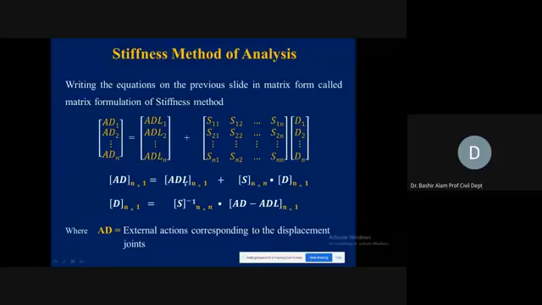ADL is taking the place of DRL now. S is taking the place of the F, and this D is taking the place of the AR now. So you can see the resemblance and the similarity in these equations.